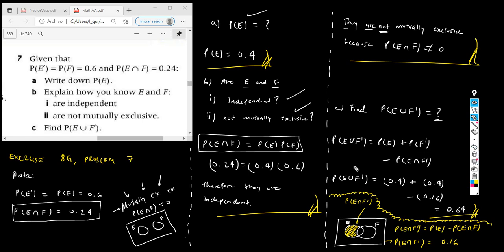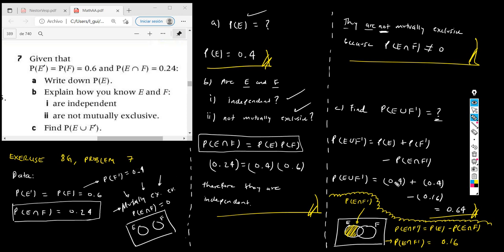Okay, and let's substitute. We have P of E, which is 0.4. We have P of F prime, which is 0.4, because I know this, and from here I can get that the probability of F prime is 0.4.